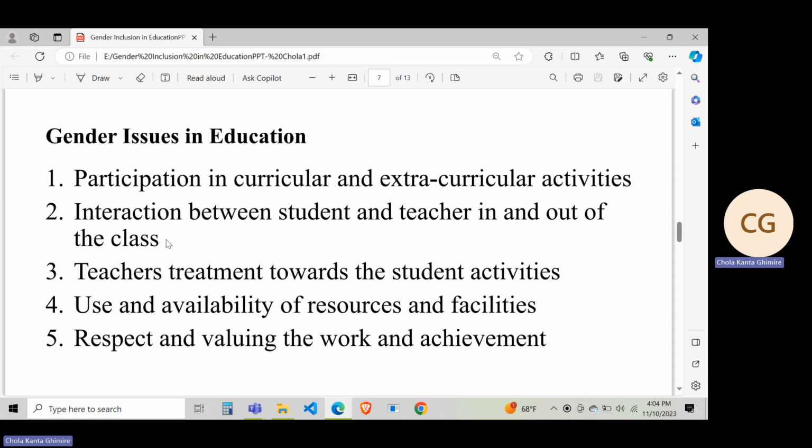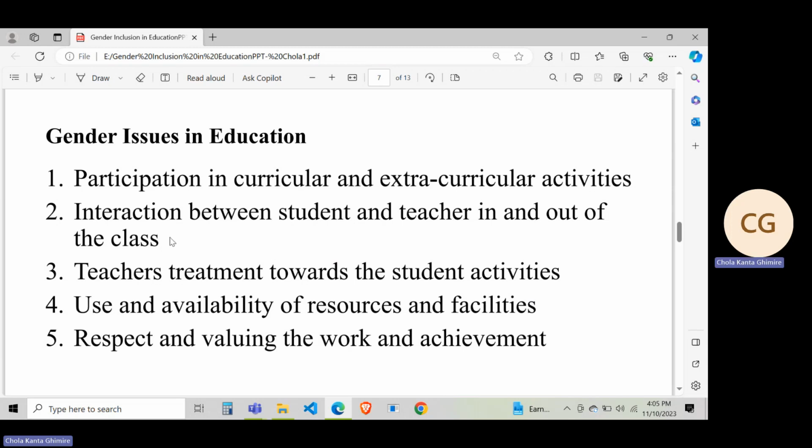Students and teachers always interact in different ways, but the interaction situation, the ways of interaction, and how the interaction is perceived are influenced by gender perspectives. Therefore, interaction is another major issue in education.